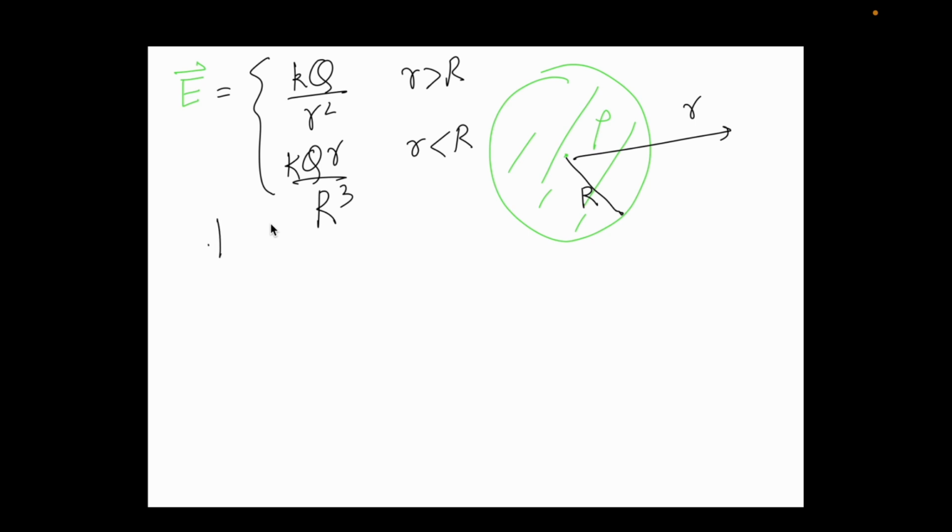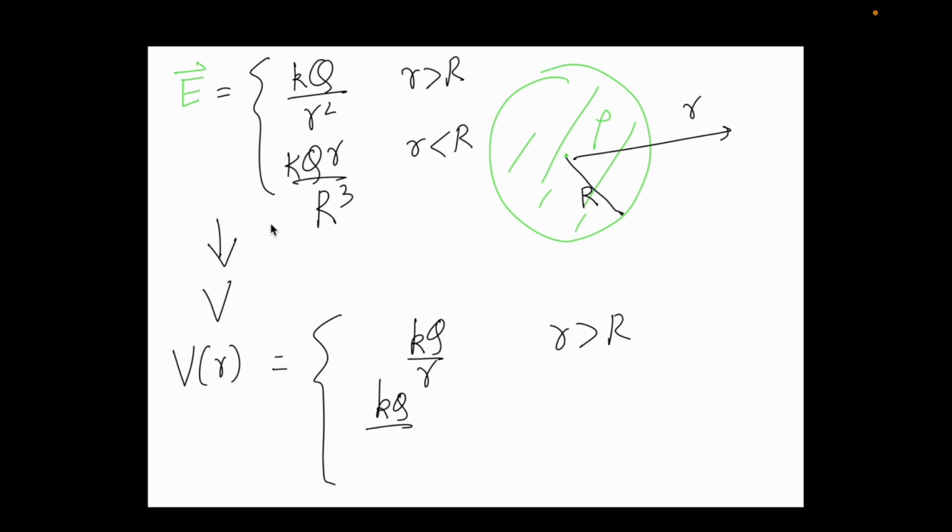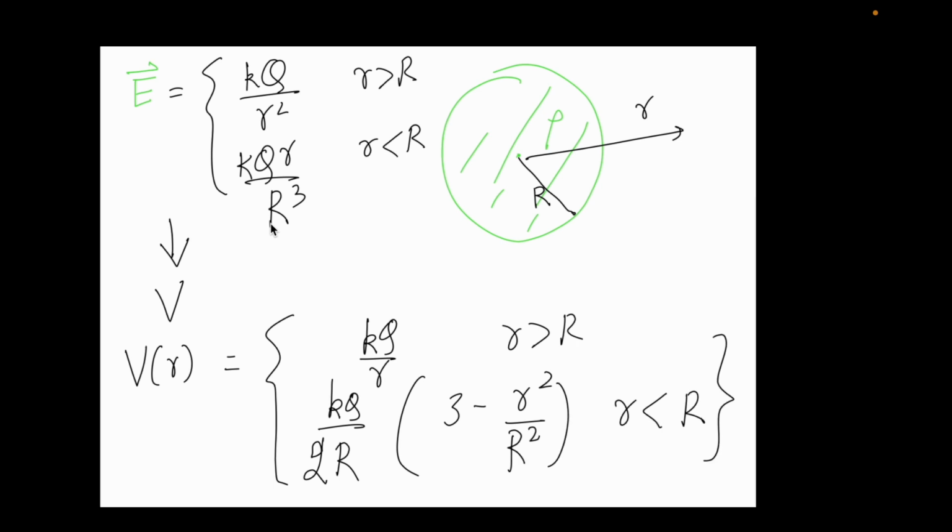Now, if you convert this to V, how would you do that? As a function of r, it would be kq by r for r greater than R, but inside it would be this other expression. Now, how did you get this? I'll give you the idea.